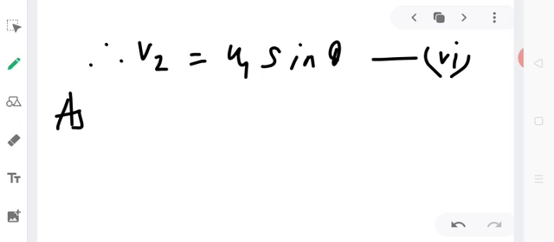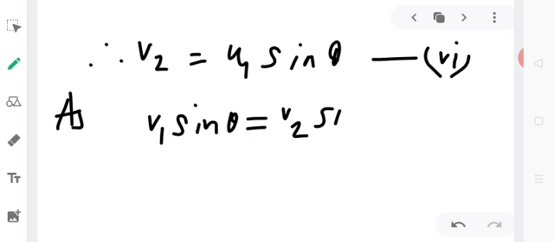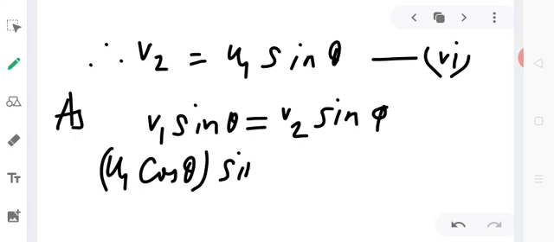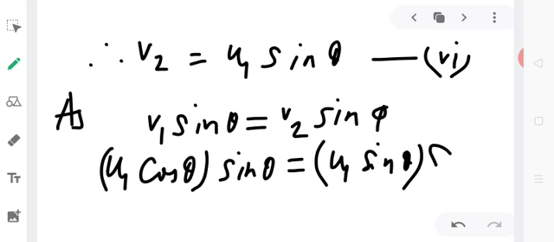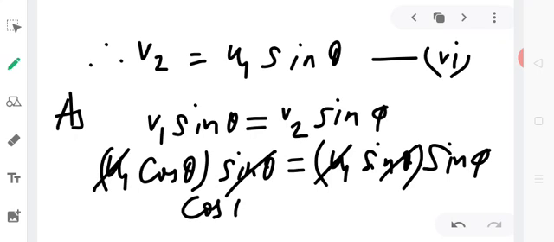As v1 sin theta is equal to v2 sin phi, we can write down, in place of v1, u1 cos theta into sin of theta is equal to u1 sin theta into sin of phi. So hence you can see that we get cos of theta equal to sin of phi.